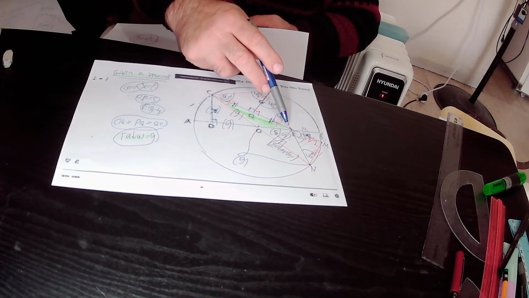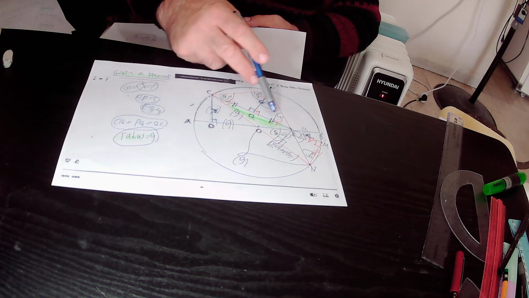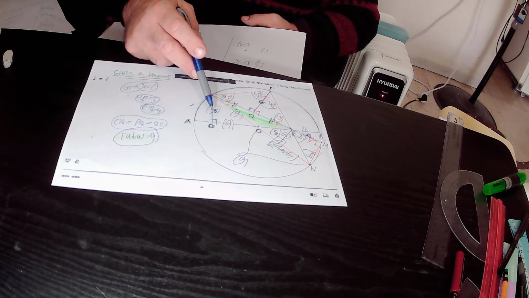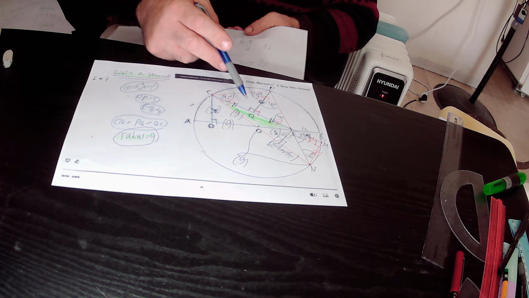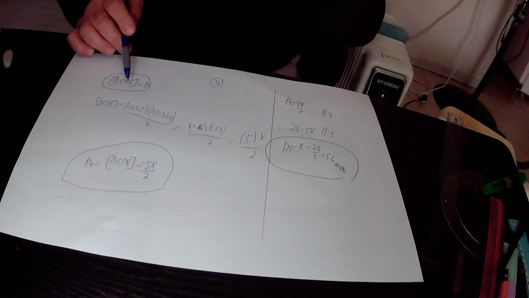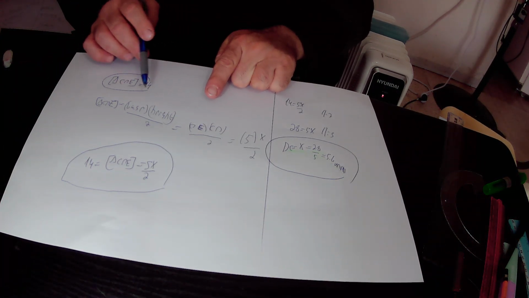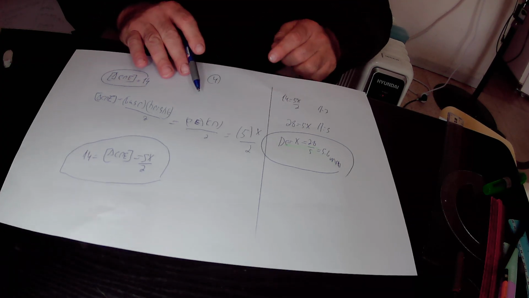The extended base is EA, and CD creates 90 degrees with the extended base EA. Therefore, CD is the height to the base of this triangle COE. So in total, the area of the triangle COE equals the base OE times the height to the base, that is CD, over 2.